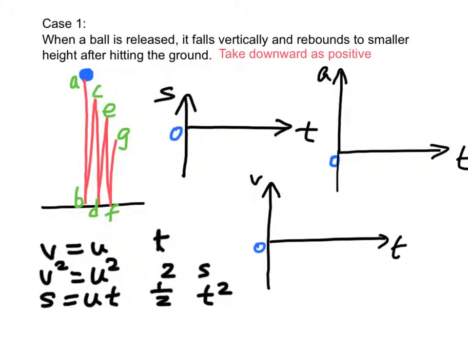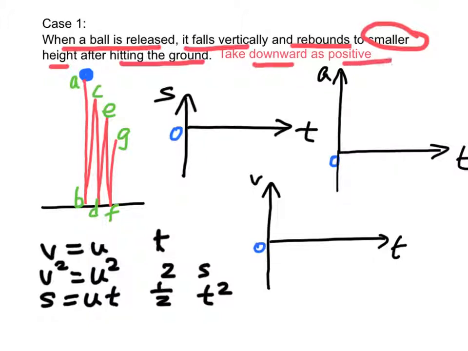However, if the ball is released and it falls vertically and rebounds to a smaller height after hitting the ground, again, if we take downward as positive, the v-t graph will look something like this one.